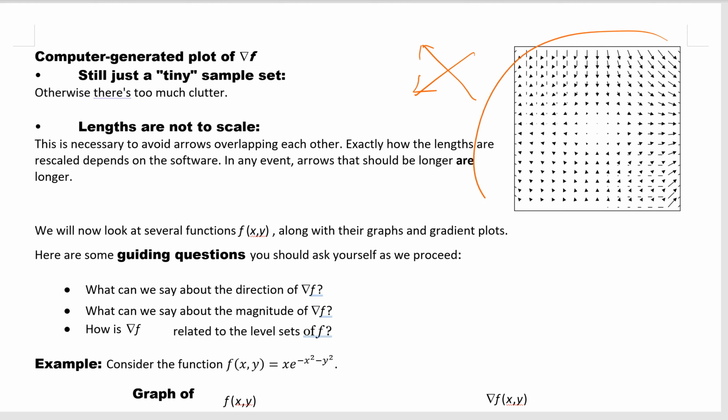Okay, you can look at this picture. So these arrows are longer and this arrow is shorter. Then you know this gradient vector has bigger magnitude compared to this one. So far, so good. But you can see the directions.